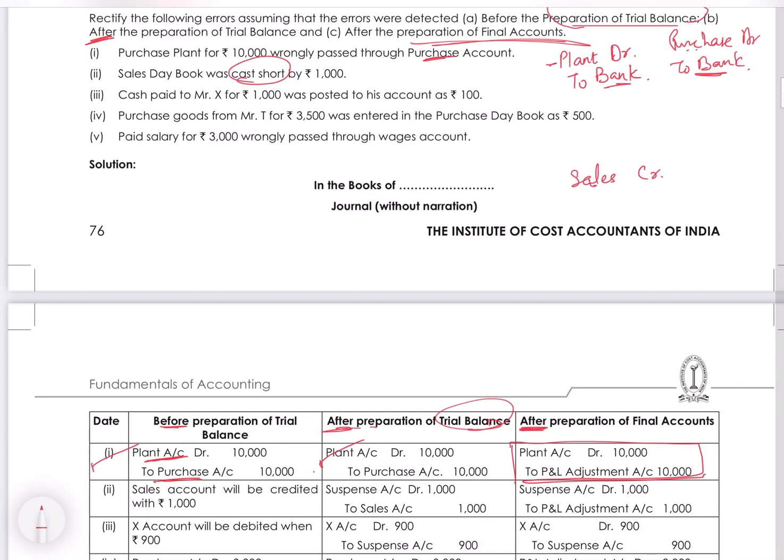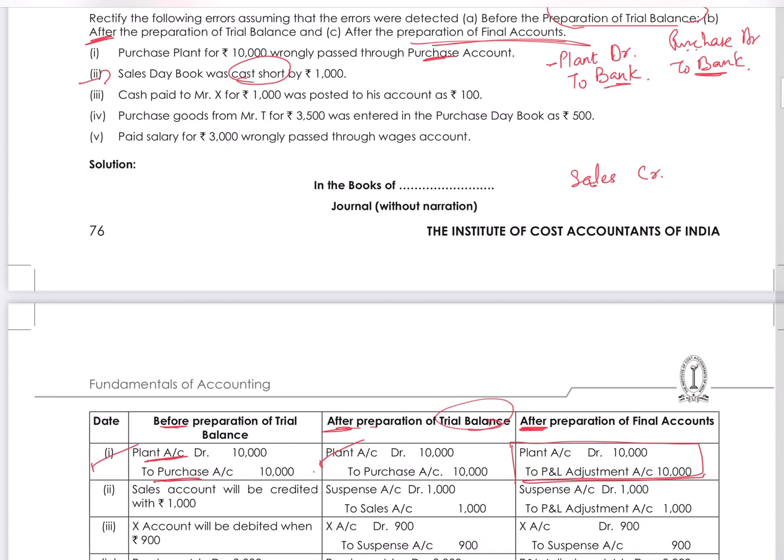But this doesn't tell us whether it is a cash sale or credit sale. Cash sales means we will debit cash account, because cash is coming in. But if we sold on credit, like we have sold some goods to Mr. A, and he has said after 10 days or after 1 month we will pay, then we have to debit him.